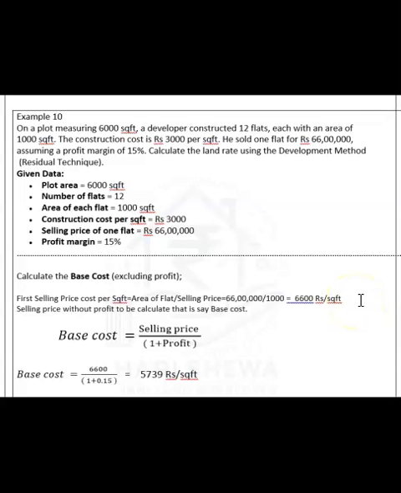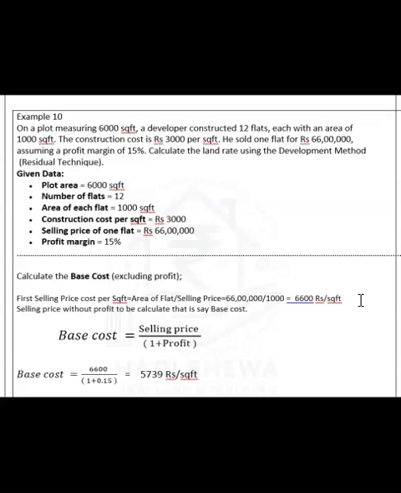Now you know this 6,600 rupees per square feet is the composite rate that includes land component, building component, and profit margin. Here we know the profit margin, building construction cost, and total composite rate. From the total composite rate, we will minus the building cost and profit.